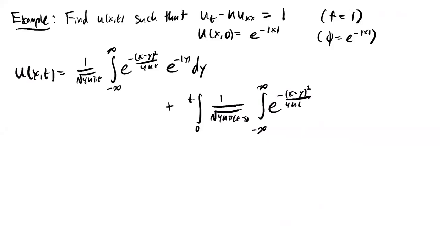Again, we're at time t minus s instead of t, and then applied to f of y comma s dy ds. Right, but in this case, f is just 1. Right, so this simplifies a little bit. This is just 1.